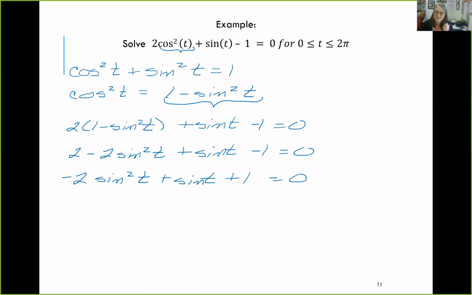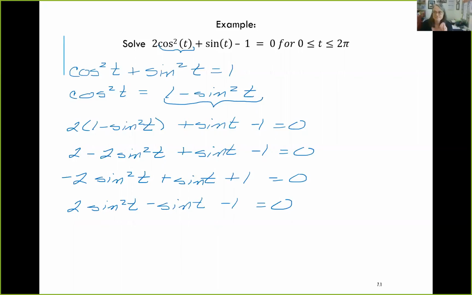I don't like this negative sign in front. I'm going to multiply through by a -1 on both sides. So I get 2 sine squared t minus sine t minus 1 equals 0.